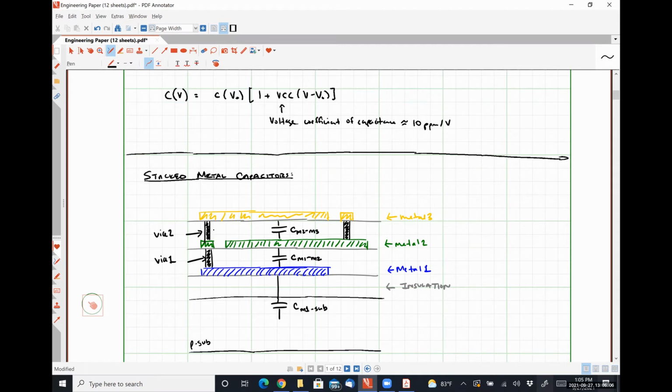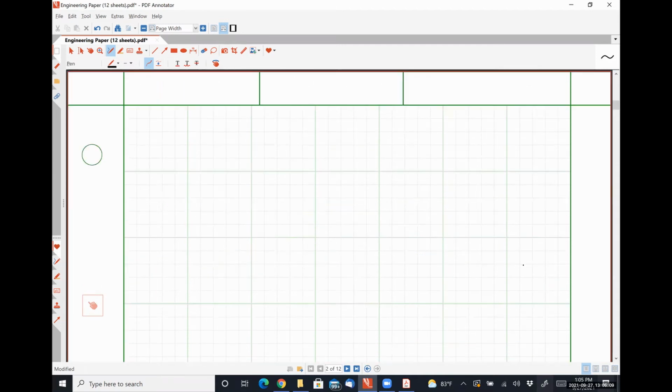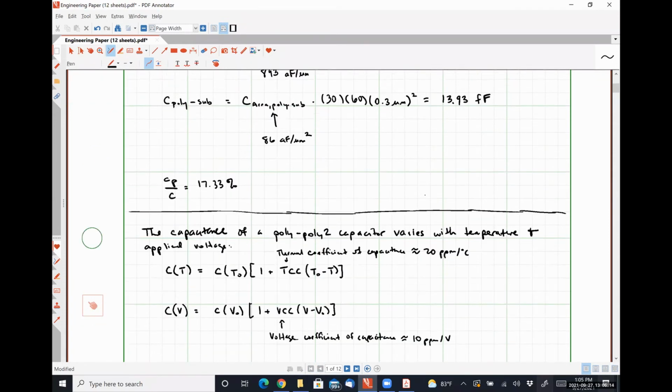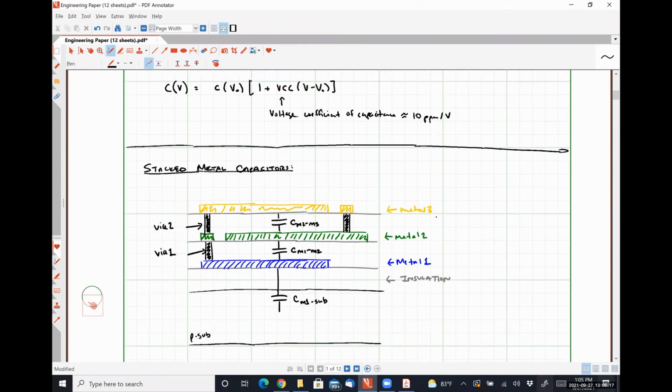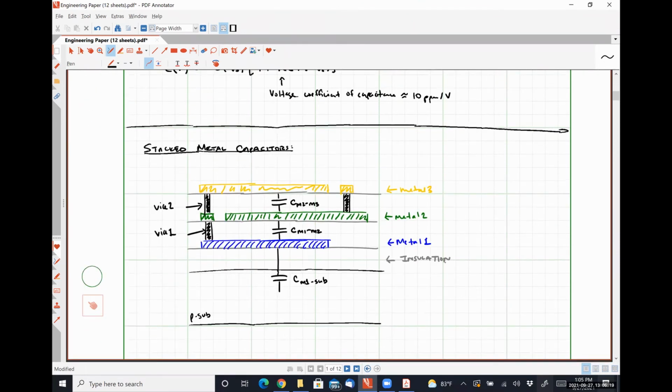So let's say, just for the sake of argument here, that the area of overlap, A, in all of our cases is 100 microns squared.